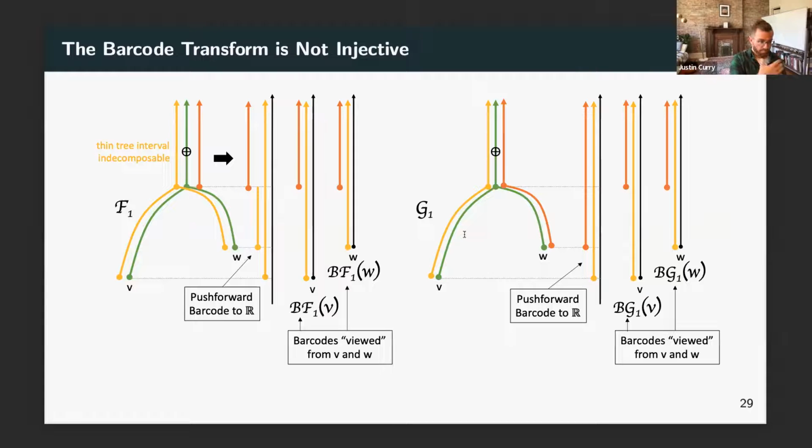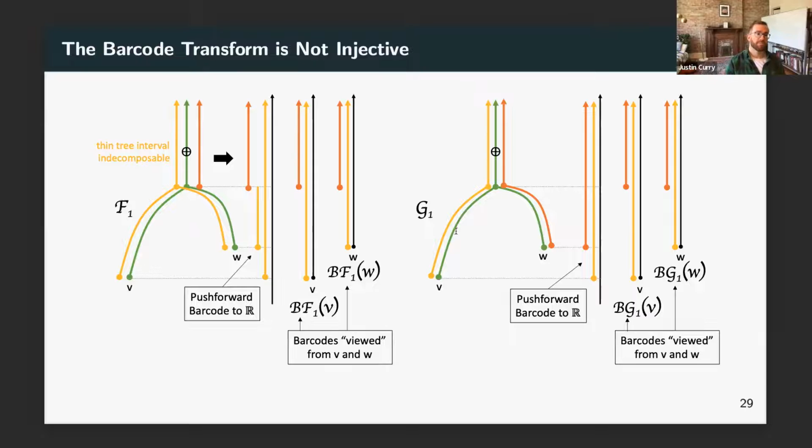But I will say that this push forward operation, by just looking at barcodes as they lie on the merge tree, fails to see certain information. So if I take my two leaf nodes here, and I've got this family of vector spaces indicated in yellow and orange, if I sit at V and I stare, what vector spaces do I see? I get this barcode picture. And then if I sit at W, I also get this barcode picture.